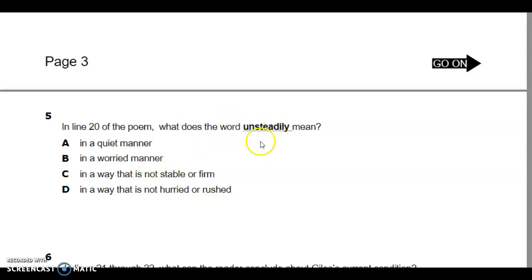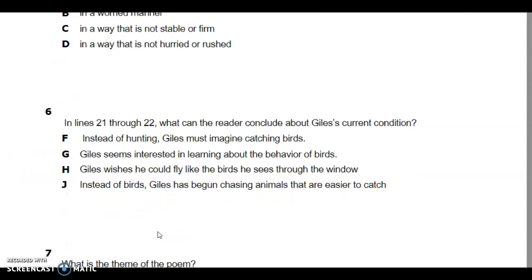Stable means steady, so this could definitely be an answer choice. And then the suffix ly means in a way. So we put an M for maybe next to C. D, in a way that is not hurried or rushed. So again, steady does not mean hurried or rushed. So D is not our answer choice. So we would select C.